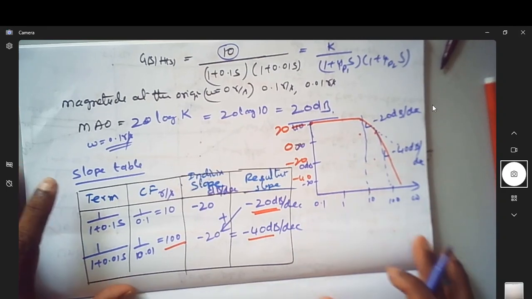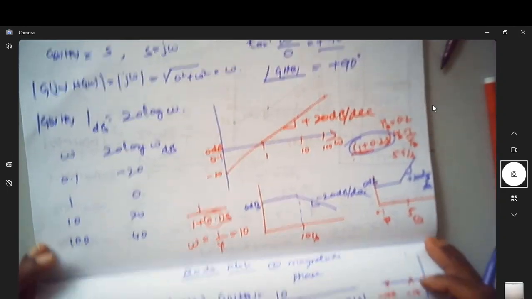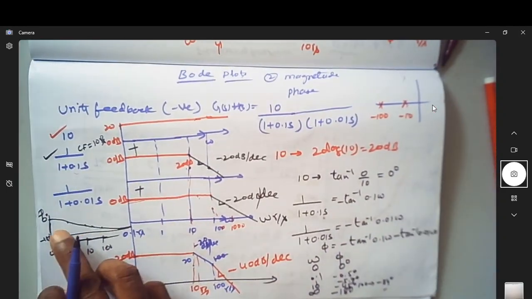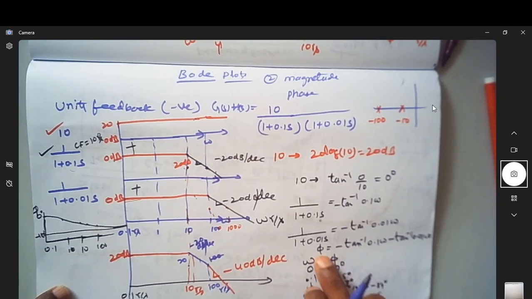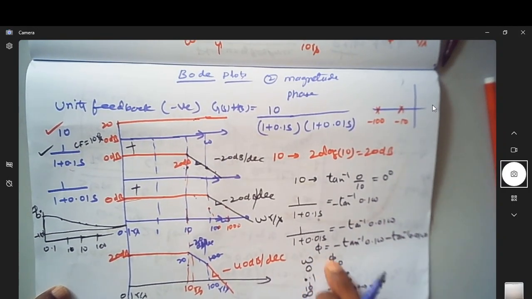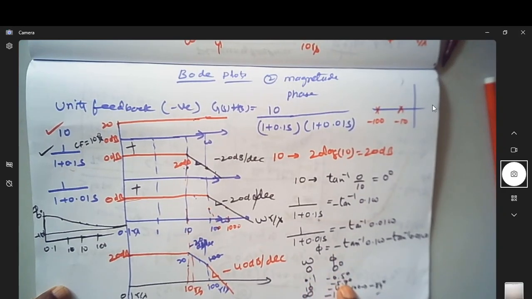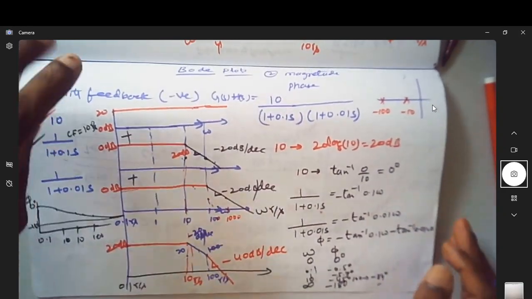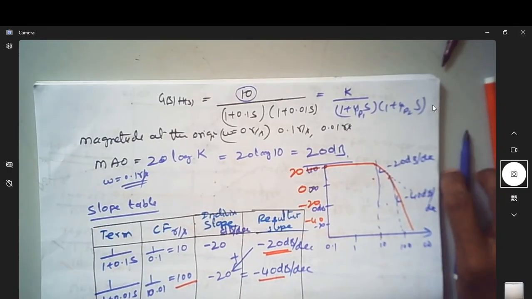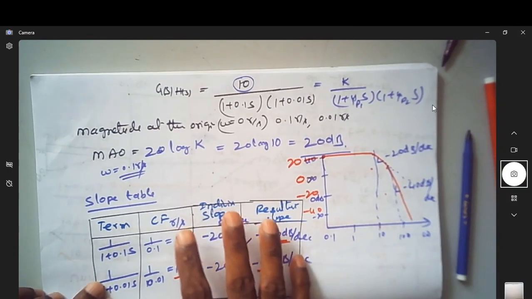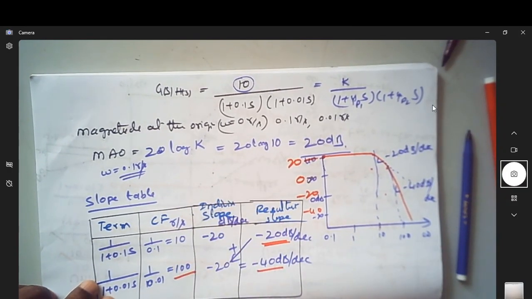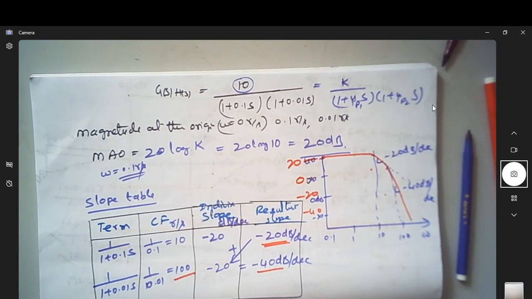Whereas the phase plot is the same. For the phase plot, of course there is no requirement of a shortcut. So you have the phase equation, you substitute different values of omega, find the phase, and just plot it on the graph sheet. So this is the simplest way of plotting the magnitude plot of a system. We call it the Bode plot.